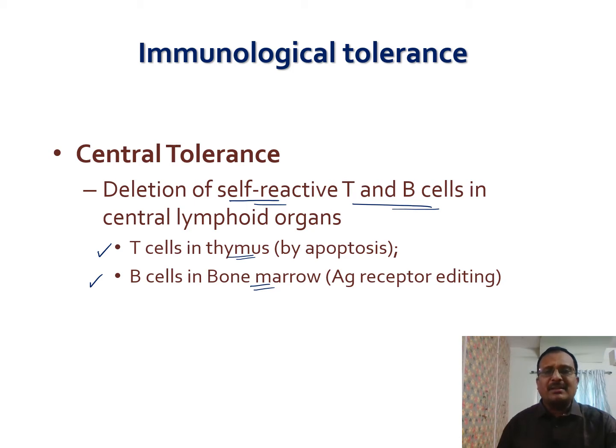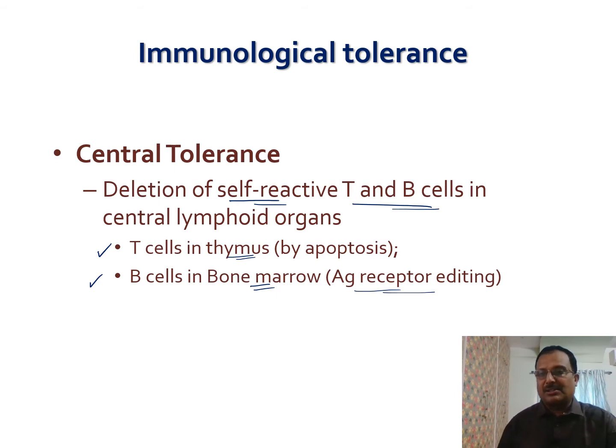When immature T lymphocytes enter the thymus, by means of apoptosis all the unwanted self-reactive cells are removed, meaning the T lymphocytes get educated not to react against self antigens. And B cells in the bone marrow, by means of antigen receptor editing, get educated not to respond against self antigens.